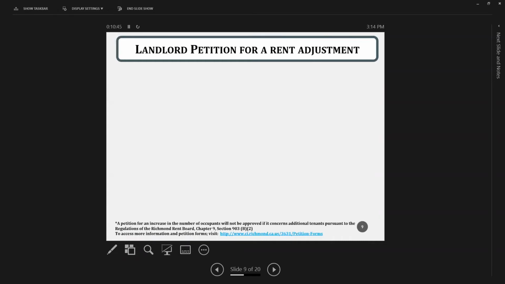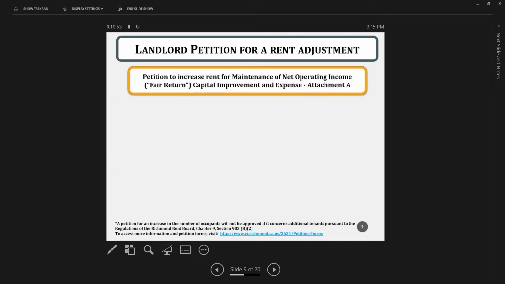There are 4 adjustments available for landlords to increase rent beyond the MAR. Primarily, the petition to increase rent for maintenance of net operating income, or MNOI petition, is available for a landlord who is entitled to a fair return. That MNOI petition is not guaranteed market rate rents.